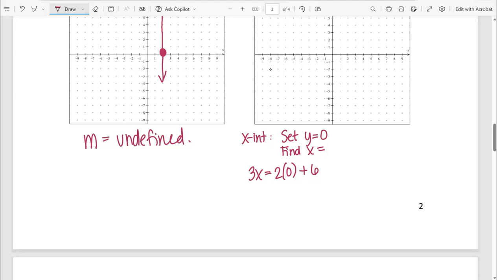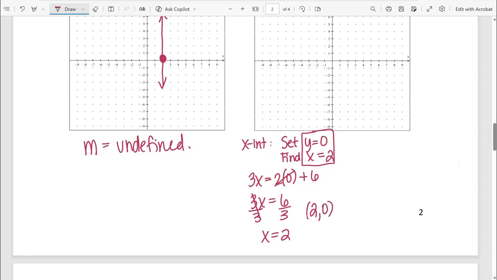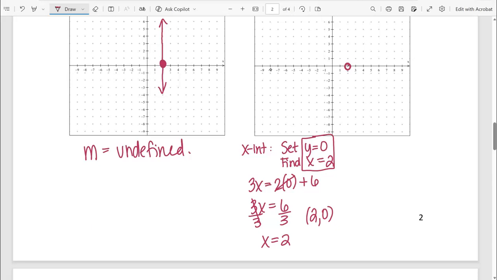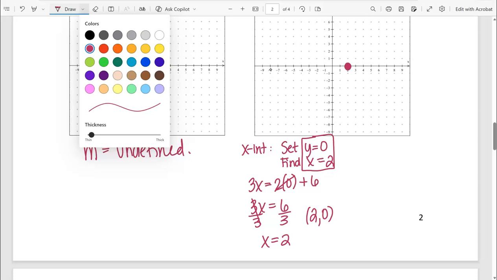When I solve for this, 2 times 0 is 0, so I have 3x equals, well, 0 plus 6 is just 6, and divide by 3. X equals 2. Now remember, these two values together create a single point. You have the 2 x value and the 0 that you forced, giving me an x-intercept, a point on the x-axis at the number 2.